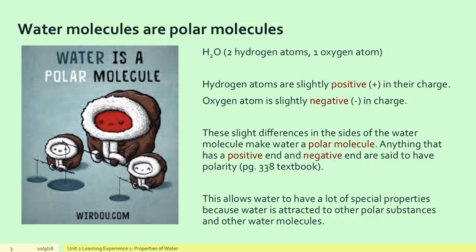Anything that has a positive end and a negative end is said to have polarity. Water is not the only substance that is a polar molecule, but it is an example of one. Because water is a polar molecule, it has a lot of special properties because it interacts with different substances and with other water molecules in unique ways.